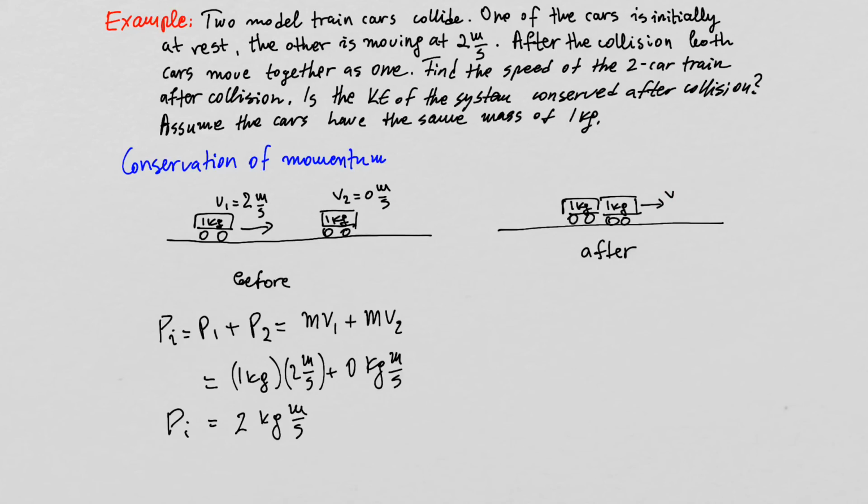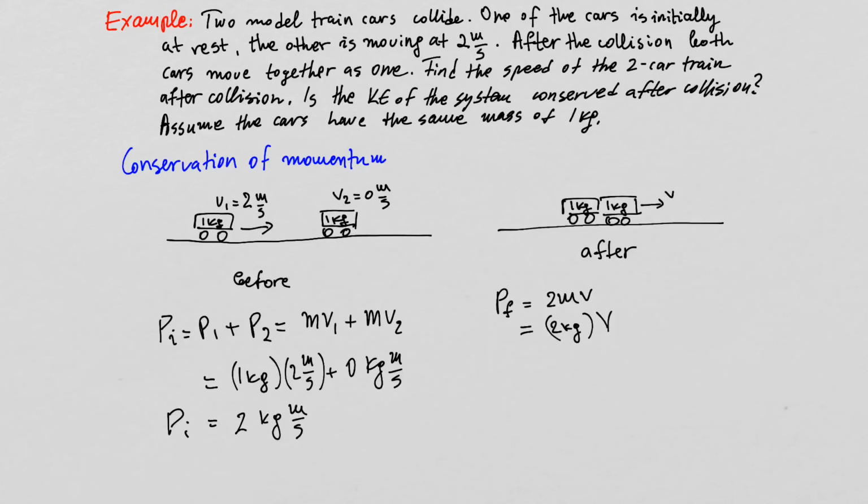So the final momentum of the system Pf is equal to 2 times m times v, which is simply 2 kilograms times v. The conservation of momentum principle says that the initial momentum and the final momentum of the system must be equal because the momentum is conserved.